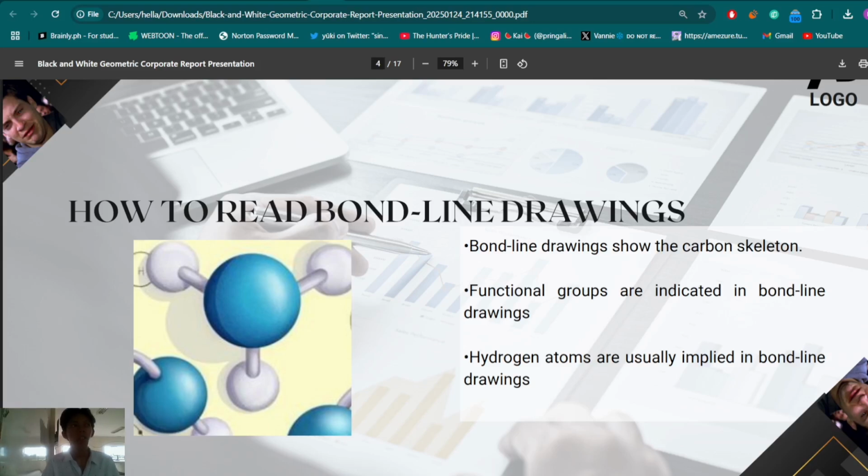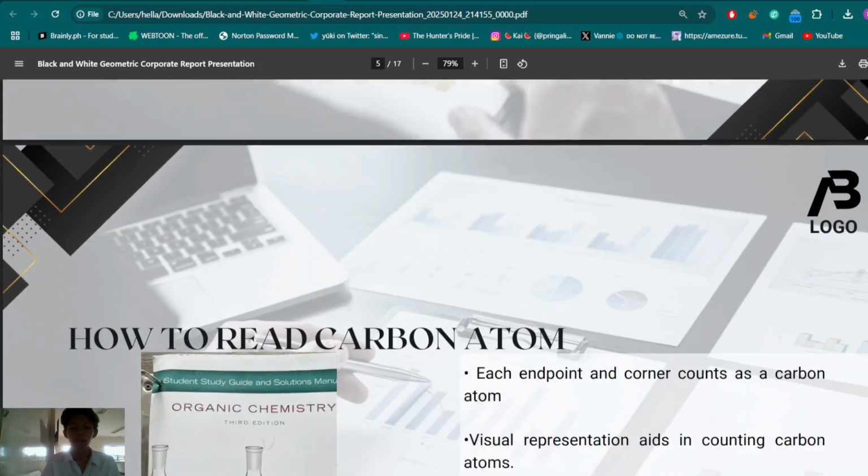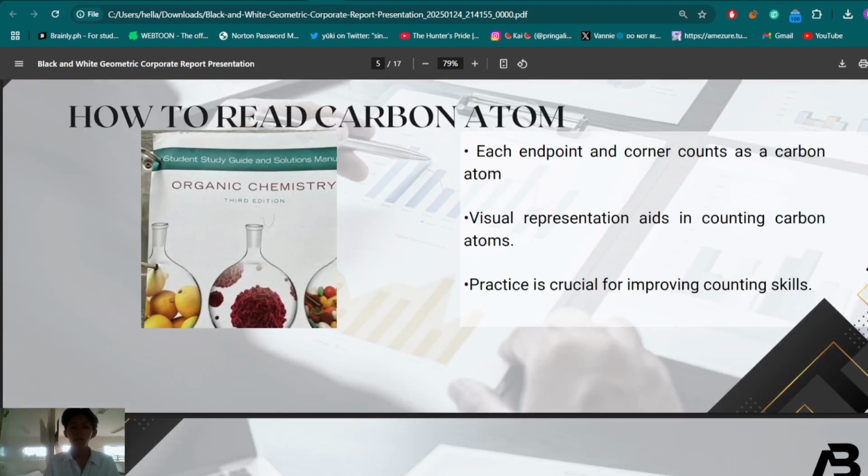Examples. C6H14, where C is carbon and H is hydrogen. How to read a carbon atom? But first, why do we always use carbon instead of other elements in the periodic table?